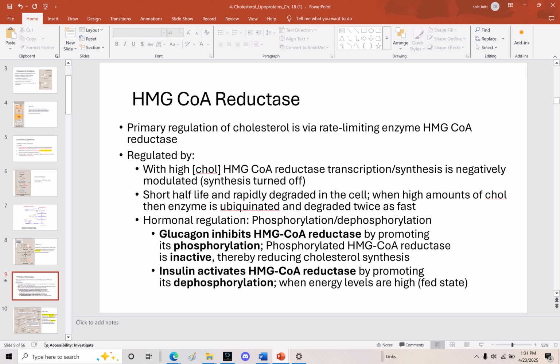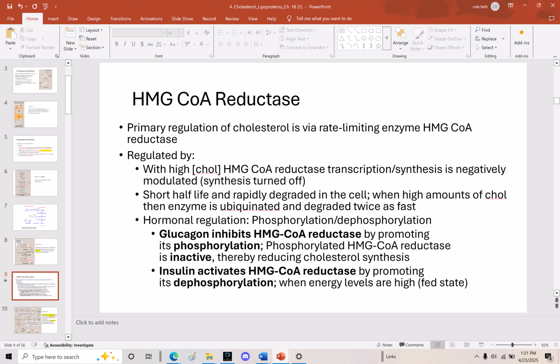And so when you have high cholesterol, it also makes sure that HMG-CoA reductase is ubiquitinated, which means it's going to be degraded twice as fast. So in other words, cholesterol itself has two ways to turn off HMG-CoA reductase.